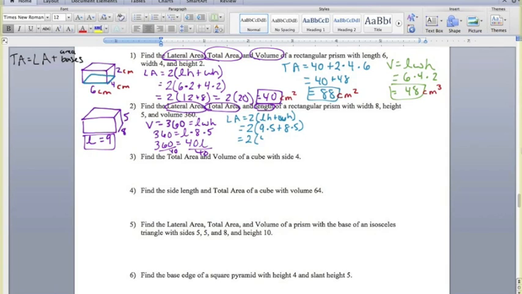Order of operations, we need to take care of the multiplications inside there first, and then add them together, and then we can multiply by the 2. Make sure you do everything inside those parentheses first before you multiply by that 2.